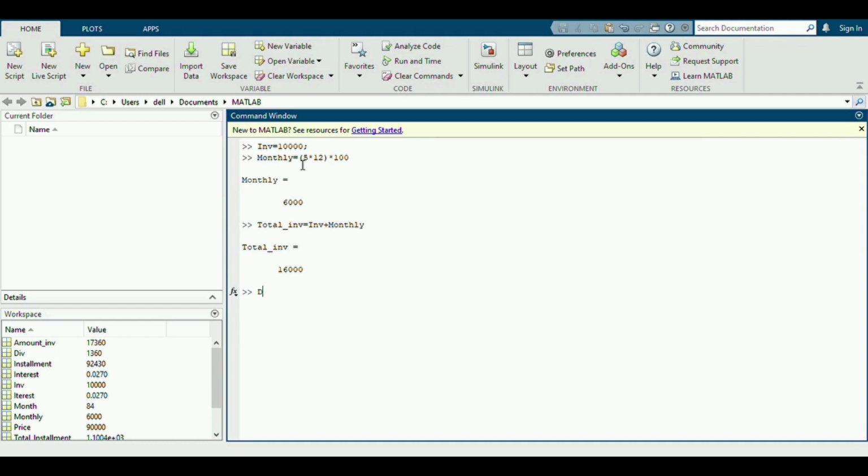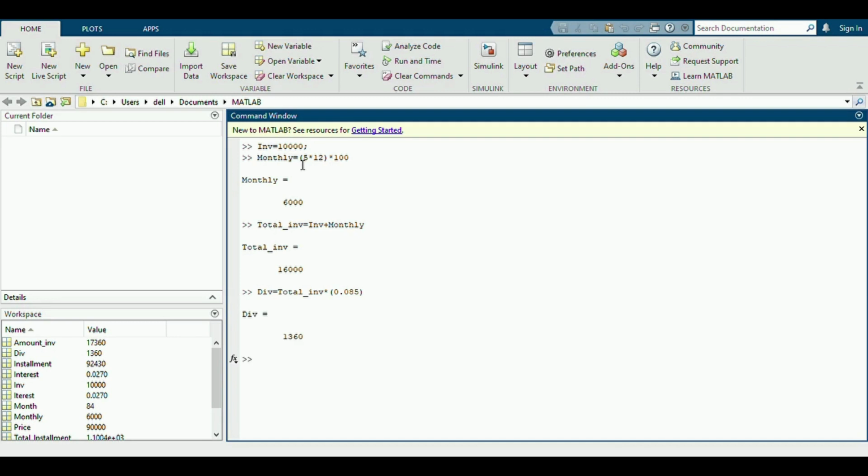After that, we will need to calculate the dividend, which is total investment times 0.085.